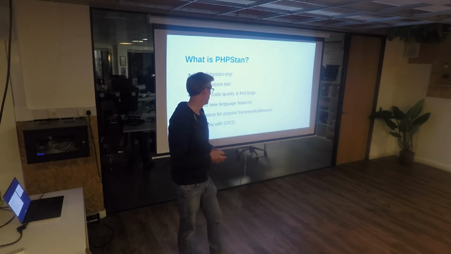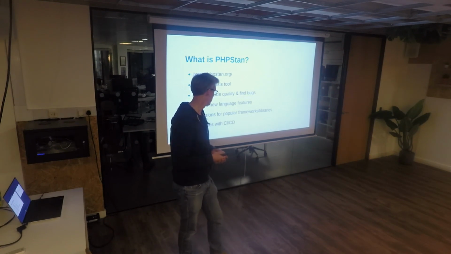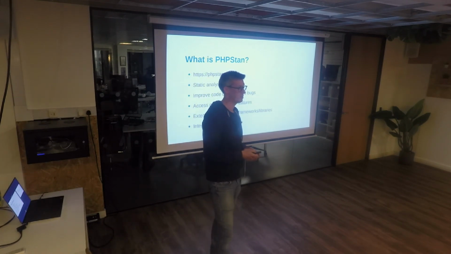And it comes with extensions for popular frameworks and libraries. So you've got custom rule sets for things like Laravel, Symfony, things like Doctrine. And also you're able to integrate it with your CI/CD pipeline. So essentially every time you build your application, you can run PHPStan to check that your code quality remains high.